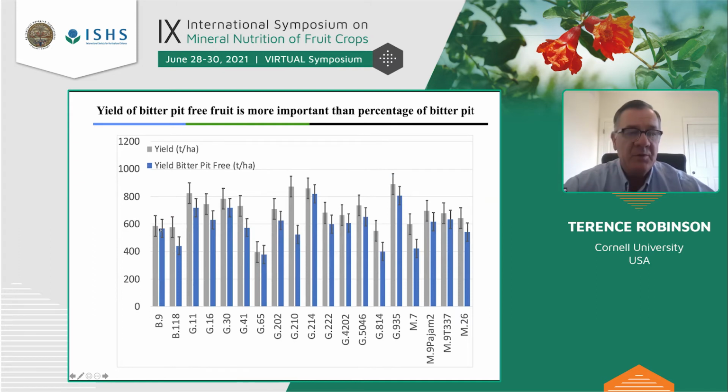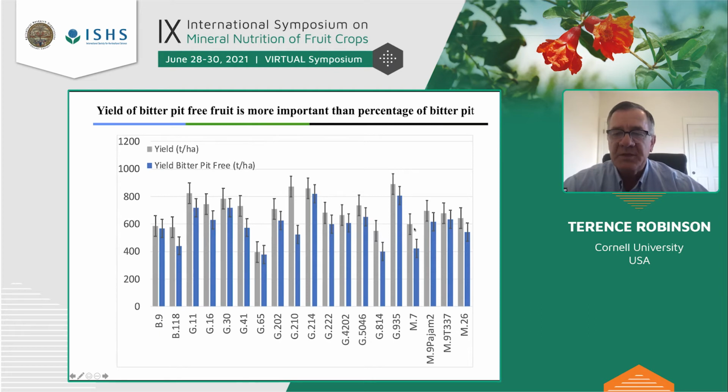With B9, which had a relatively low percent bitter pit, it was very similar, around 580 total metric tons per hectare. Other rootstocks had much higher bitter pit incidence. For example, Geneva 210 had much higher yield than B9 overall, but because of high bitter pit incidence, the bitter pit free yield was not significantly different, but it was certainly numerically lower than B9.